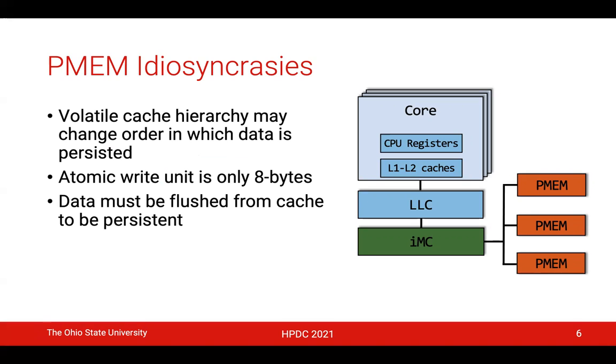So data must be explicitly flushed from the cache to be persistent. And these issues result in complex designs for storage systems, which although provide crash consistency, often slow performance. So managing persistent memory idiosyncrasies is hard.